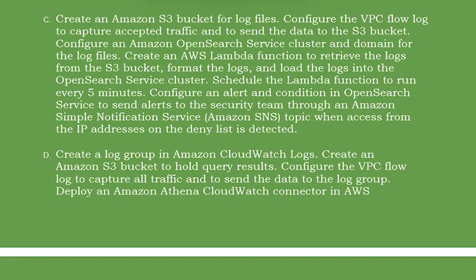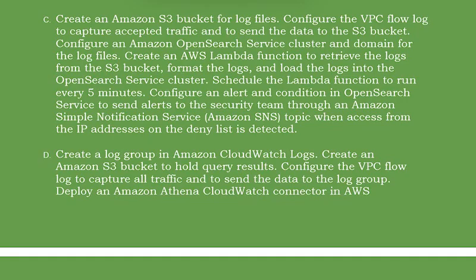Option C. Create an Amazon S3 bucket for log files. Configure the VPC flow log to capture accepted traffic to send the data to the S3 bucket. Configure an Amazon OpenSearch Service cluster and domain for the log files. Create an AWS Lambda function to retrieve the logs from the S3 bucket, format the logs, and load the logs into the OpenSearch Service cluster.